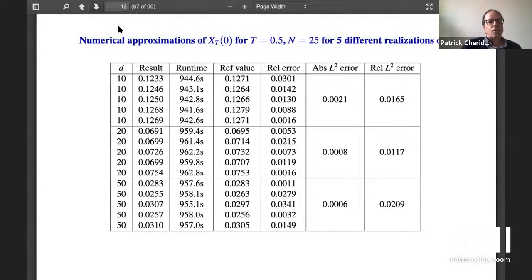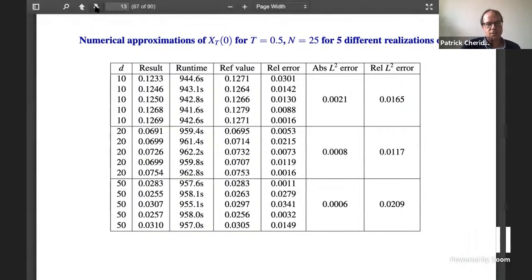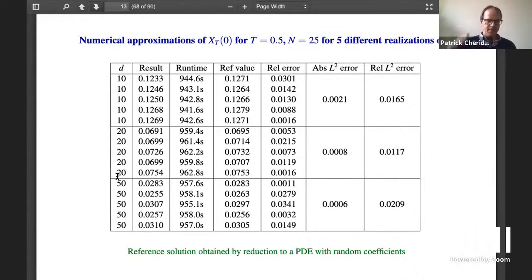And so here we specified the Zakai equation so that we could transform it into a PDE with stochastic coefficients, which again gave us an alternative method to compute reference solutions.